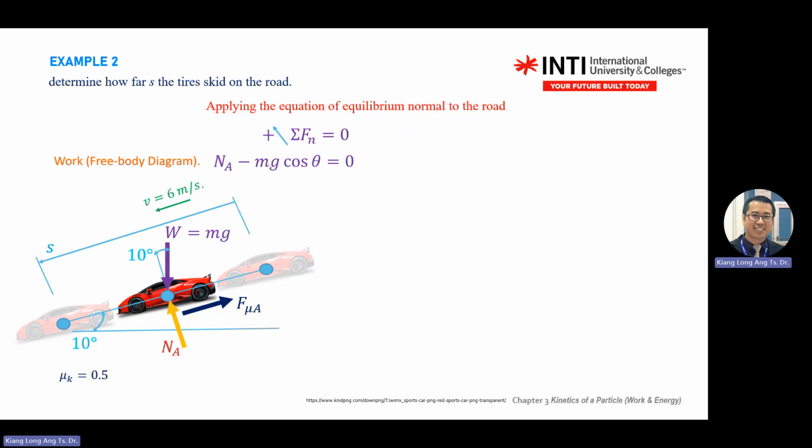NA equals mg cos theta. You cos it, W cos theta. Then your NA equals mg cos theta. In this case, theta equals 10 degrees. Remember to write the general equation first. Don't substitute too fast. Don't jump into the values. Write the equation first, then only you jump in.